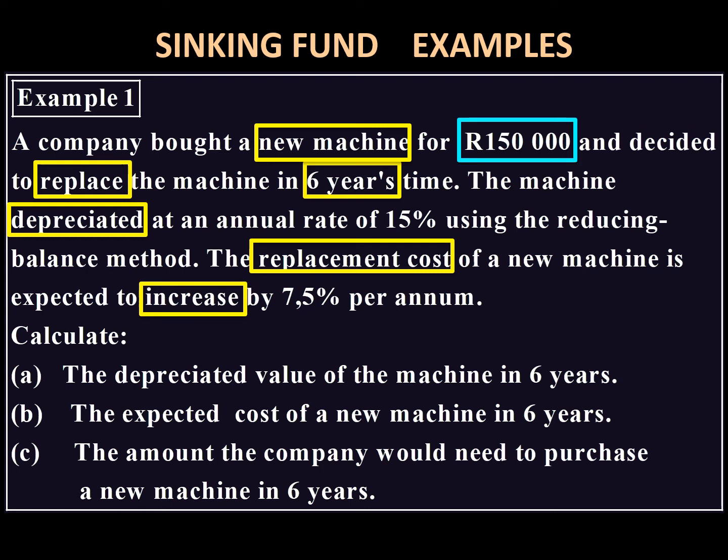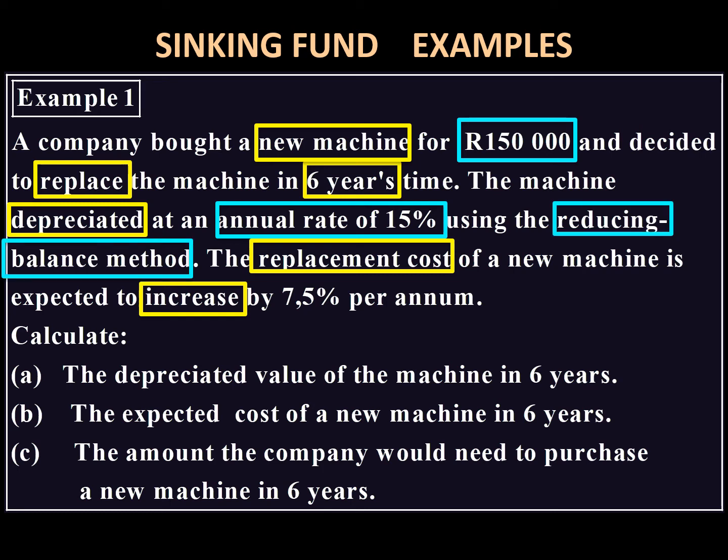The new machine costs 150,000, and the rate of depreciation is 15%, but the increase is at 7.5% per annum. So inflation is 7.5% and the reducing balance is 15%. Be careful that you don't mix them up. The 15% is for the reducing balance. The 7.5% is for the increase or the inflation.